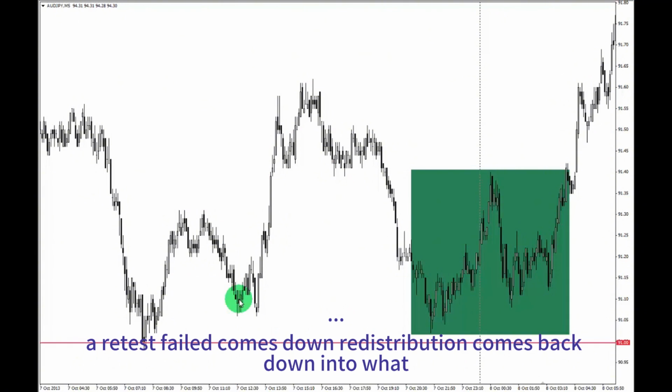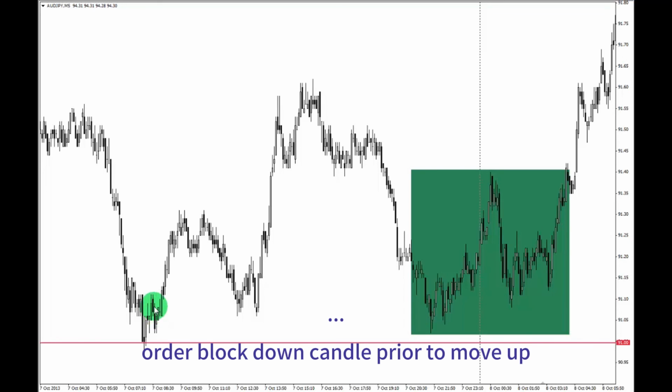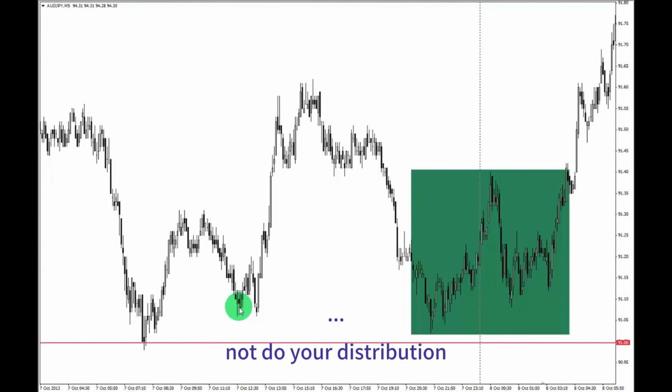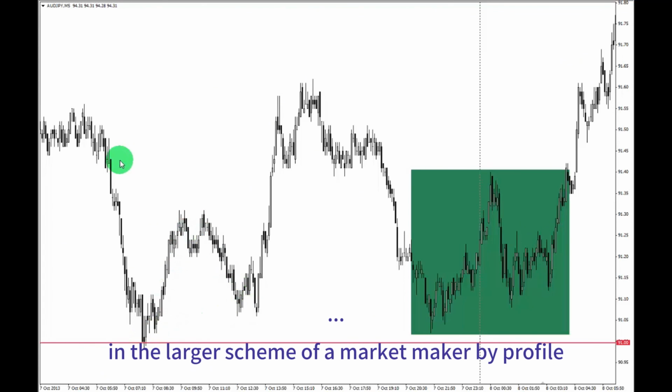Redistribution, comes back down into what? The initial consolidation or bullish order block. Down candle prior to the move up. Draw that out in time. There's your reaccumulation, not your distribution, reaccumulation, or a buy with a market maker sell profile in the larger scheme of a market maker buy profile.